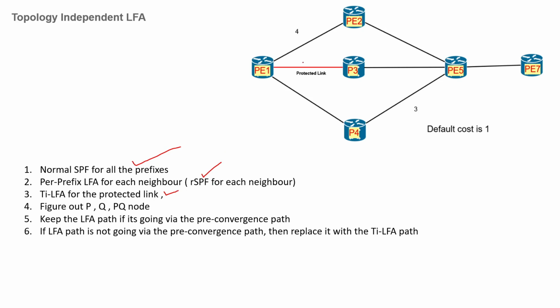So it will bring down this particular link, it will remove this particular link, and then try to run the SPF. Once it finds out the post convergence path, then it tries to figure out the PQ or PQ nodes.